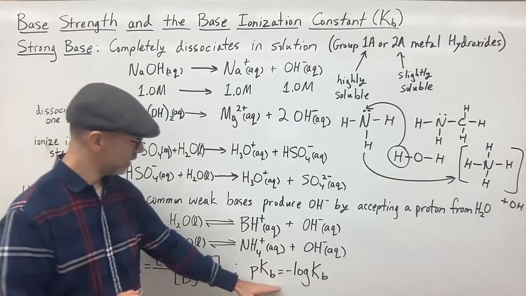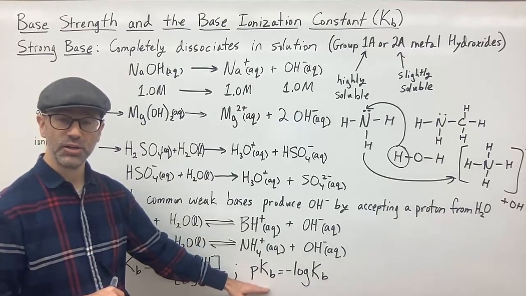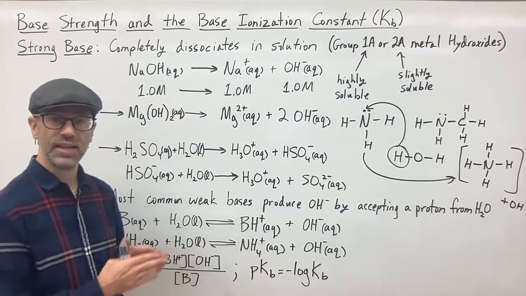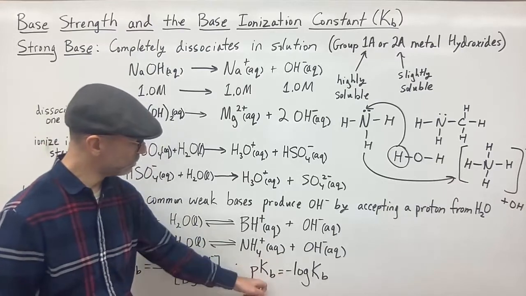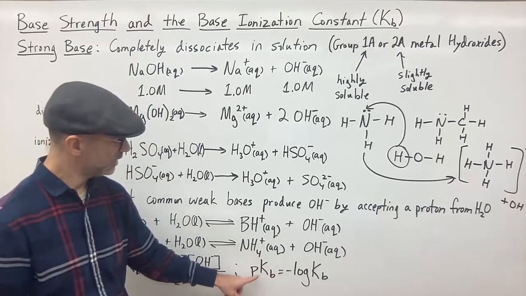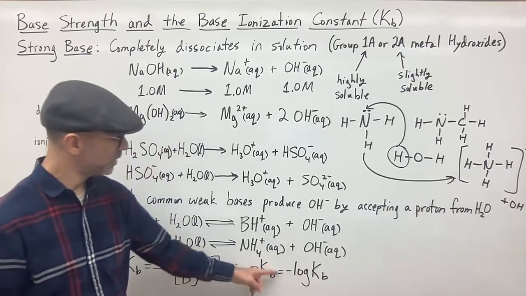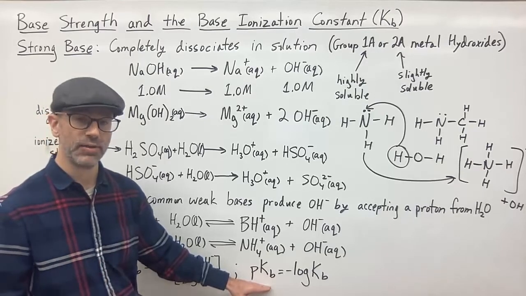And of course, I mentioned your P values, right? So we have a pKa, which is again the negative log of the Ka value. You also have your pKb. So to get your pKb, you take the negative log of your Kb. And your pKb is again going to be a measure of the strength of your base.